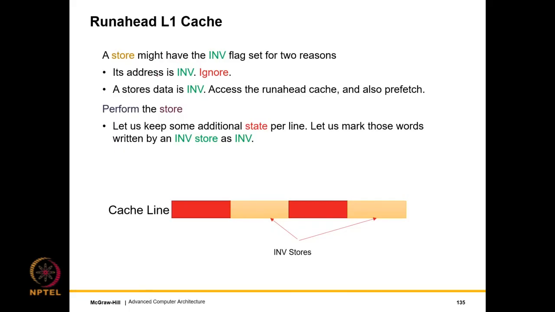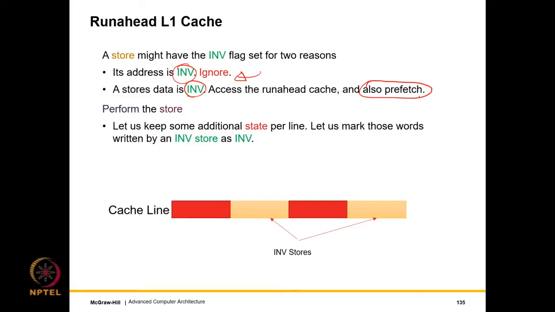So run ahead L1 cache, more details. A store might have the INV flag set for two reasons. If its address is invalid, then you ignore it, because it's wrong. If a store's data is invalid, then we should not ignore it. What we should do is access the run ahead cache, and at the same time we should also prefetch. Since the address is correct and only the data is not correct, at least we should prefetch.